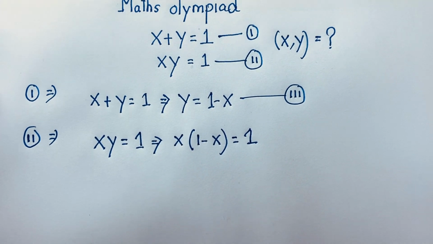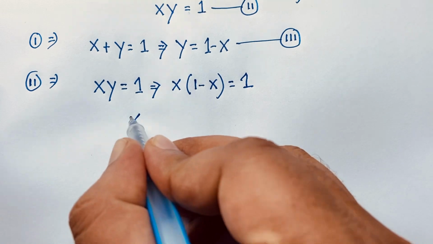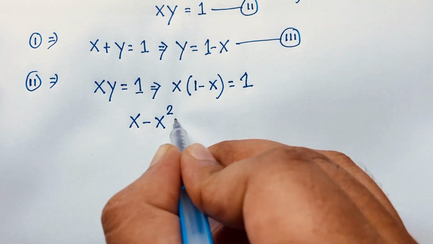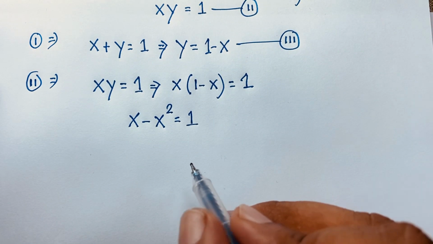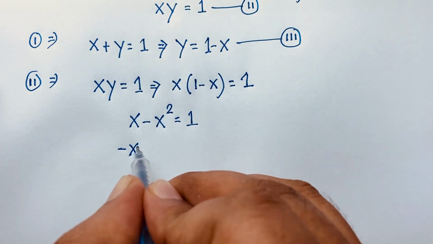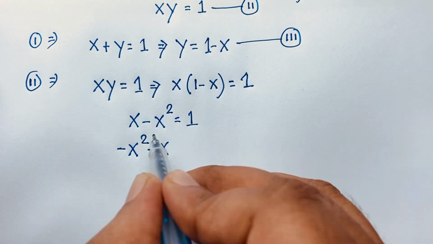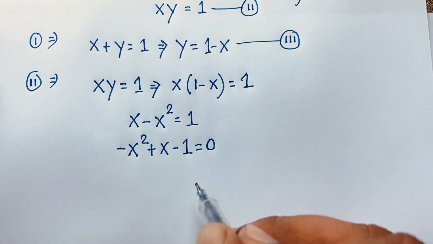Now you can see easily here 1 times x, it will be x, and x times x, it will be x to the power 2, is equal to 1. Now this quadratic equation, it will be minus x squared, then positive x, and if I move this 1 to this side, it will be negative 1 is equal to 0.